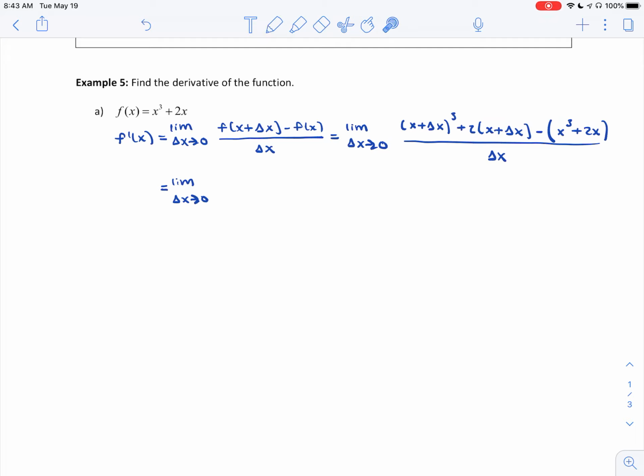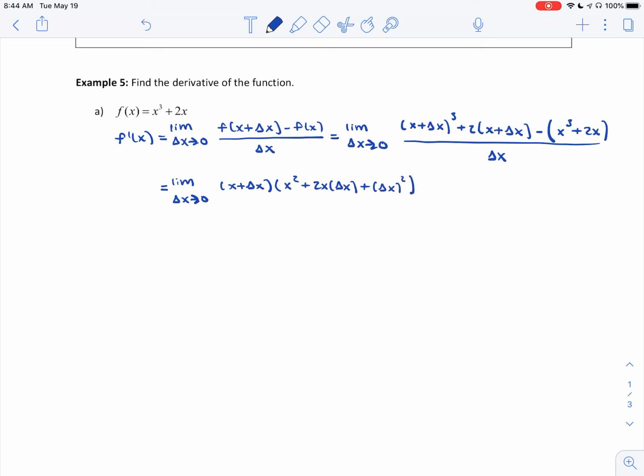All right, so here, if I want to cube this, I'm going to do it in steps. First, I'm going to square it, and then I'm going to multiply it again. So I'm just going to square it first and leave one of those alone. I'm just going to do my x plus delta x quantity squared. That would give me x squared plus 2x delta x plus delta x squared.